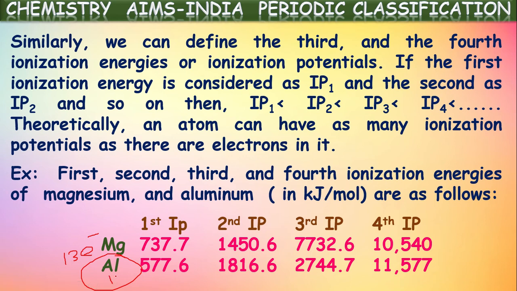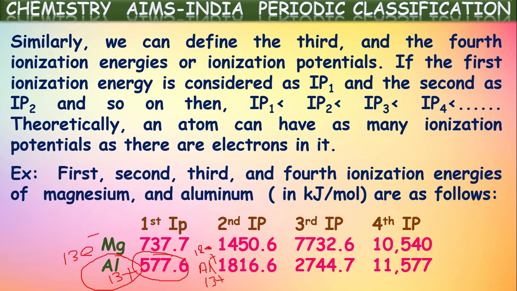And in the nucleus, it will have 13 protons also. Now, if you supply this much energy in kilojoules per mole, then aluminium loses one electron and forms Al plus. Then it will have only 12 electrons, whereas the number of protons remains the same, but the number of electrons is reduced to 12 by the removal of one electron.